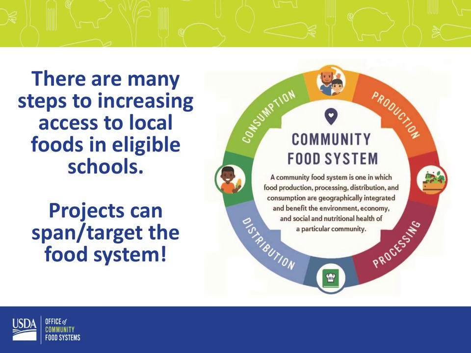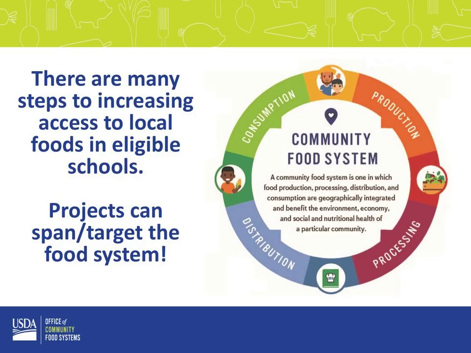Okay. So when you're thinking about your projects, you might say, hey, where do I start? I'm just kind of at a loss of where to begin. How can I start to think about a fantastic project that really is in alignment with the intent of the grant program? And I want to be clear, there are many steps to increasing access to local foods in eligible schools.